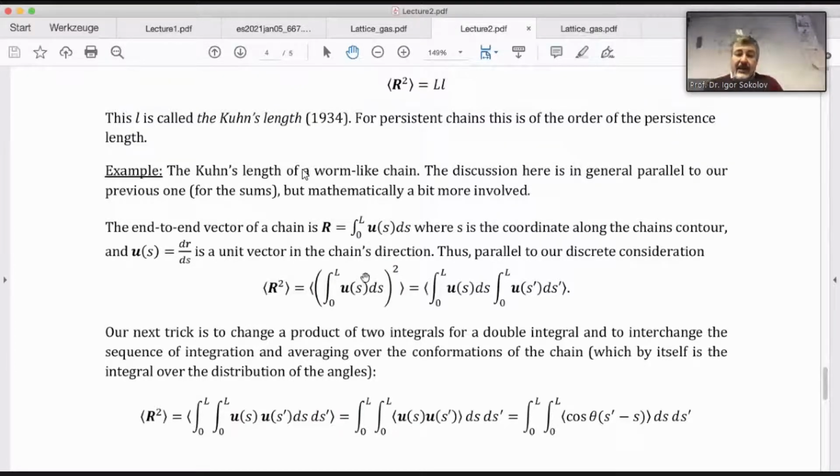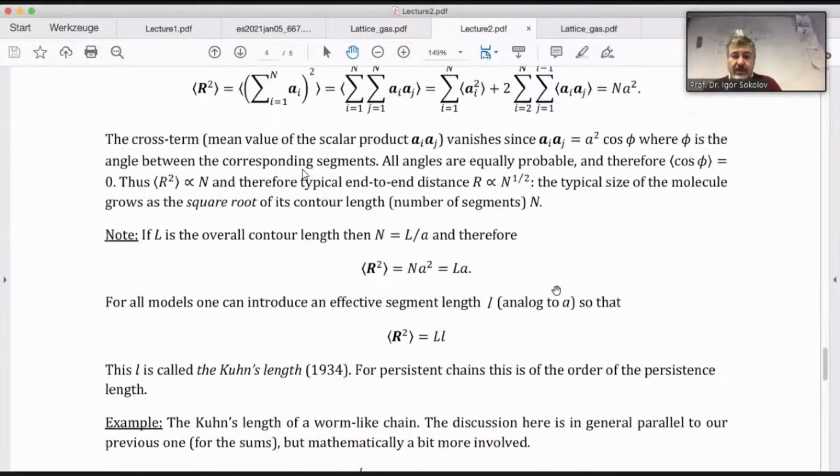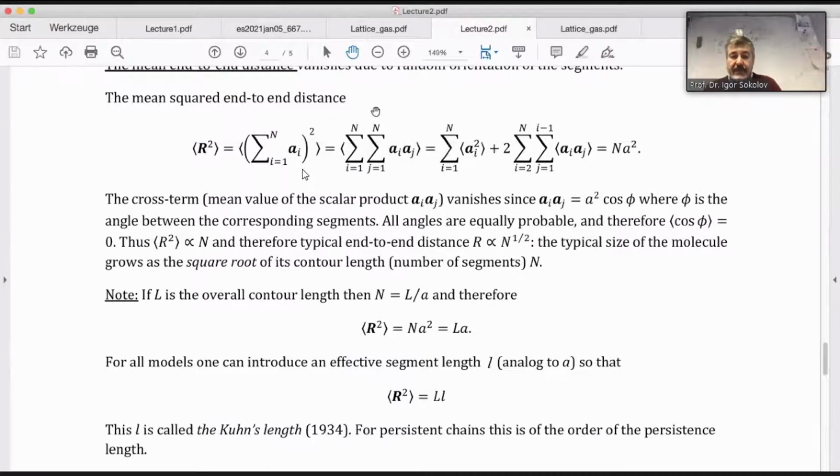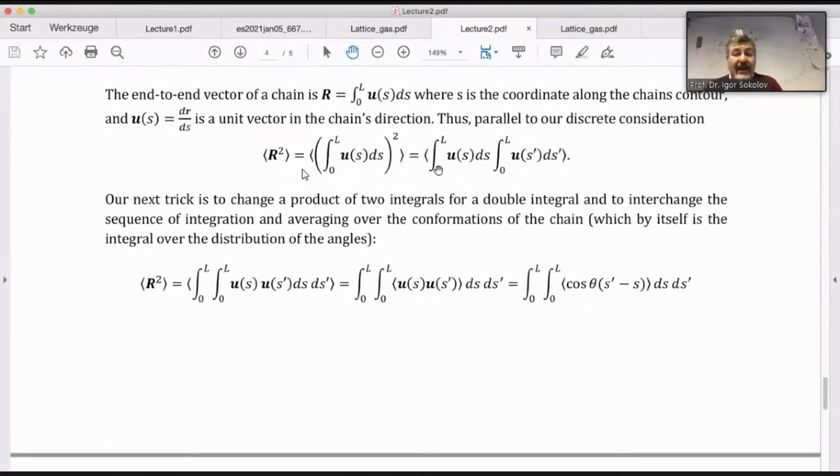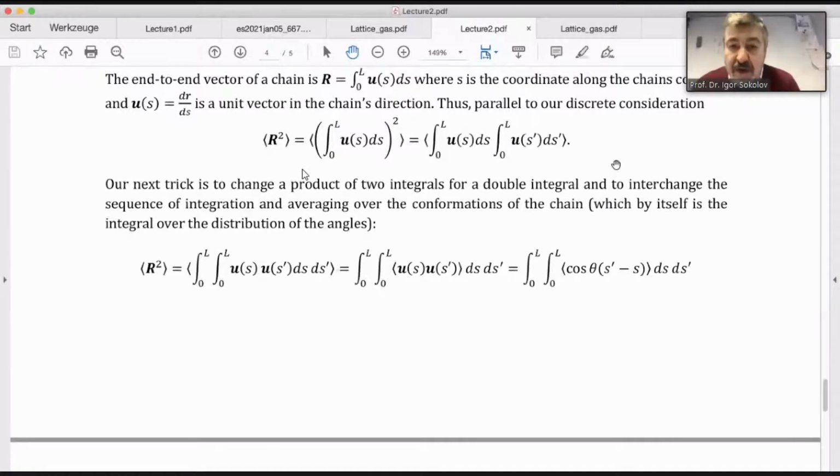And now I put the square of the integral as a product of two integrals, a double sum. So this is an exact analogon of what I have done for sums. And now I average. So I put this product of integrals as a double integral, and the average of the sum is the sum of averages, so I can average only inside of the integrals.